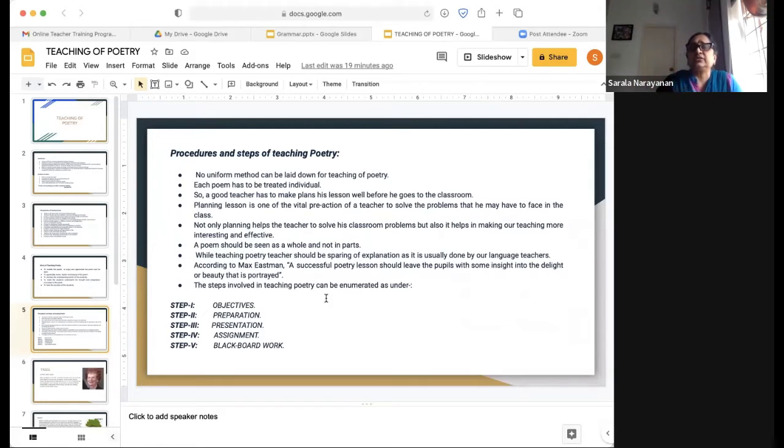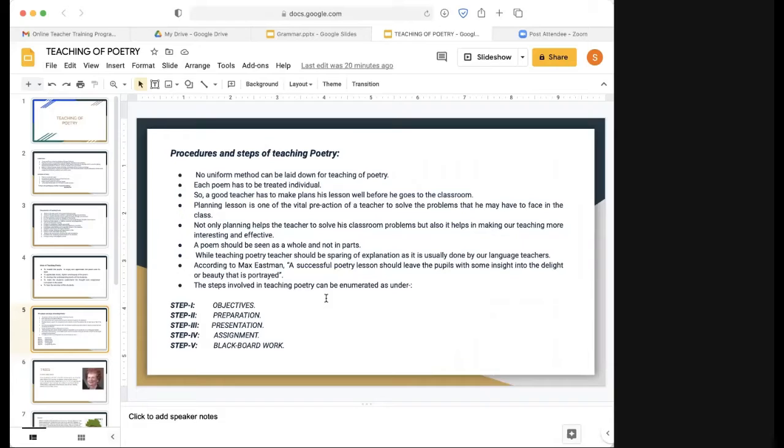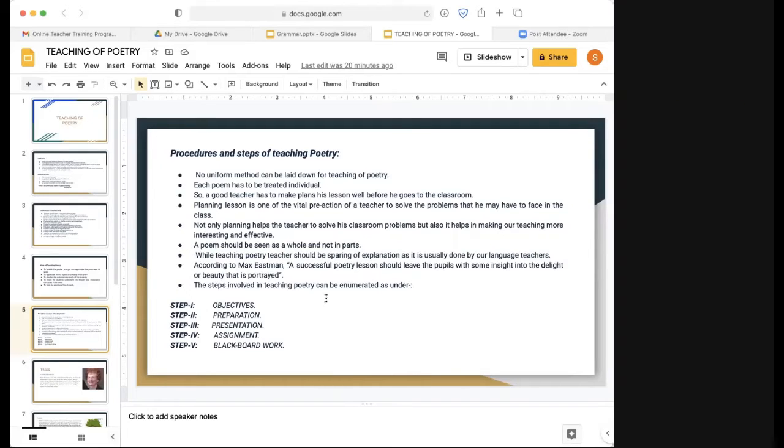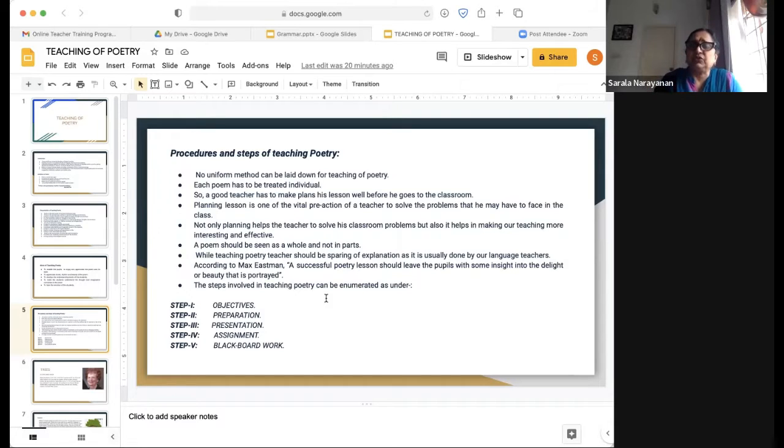So students can write trees are for making furniture. They can add something, but maintain the rhyme scheme and the level of the lines, how many words are being used. All these things have to be followed. Once they have seen all those 15 lines, another 2 or 3 lines for them to add will also be a way we are going to help them be more imaginative and creative.